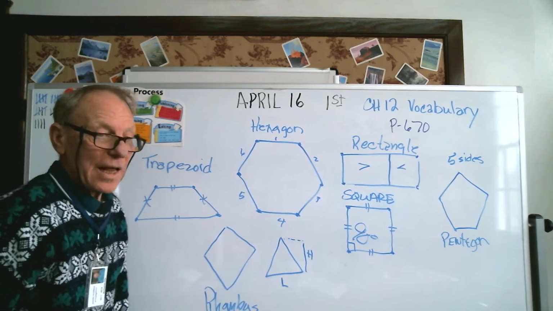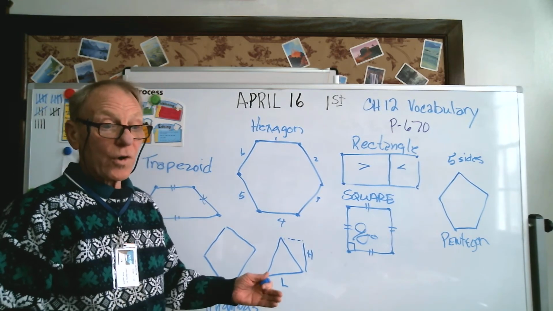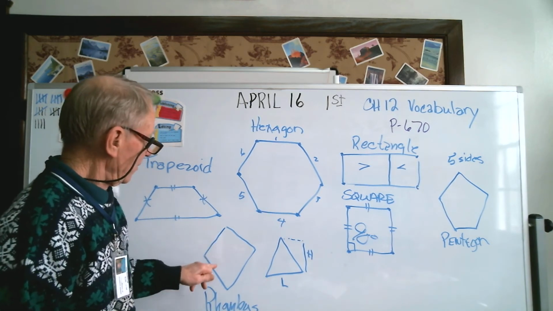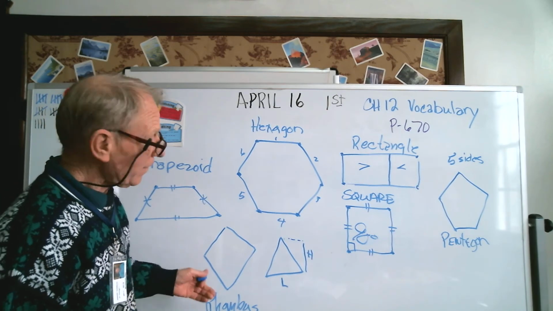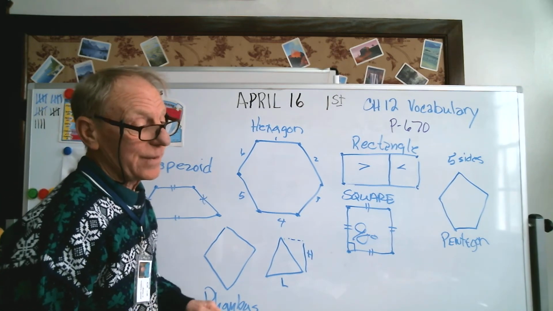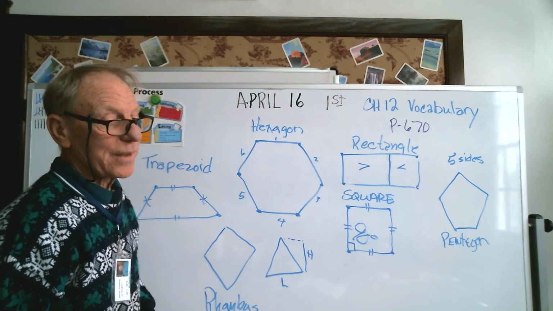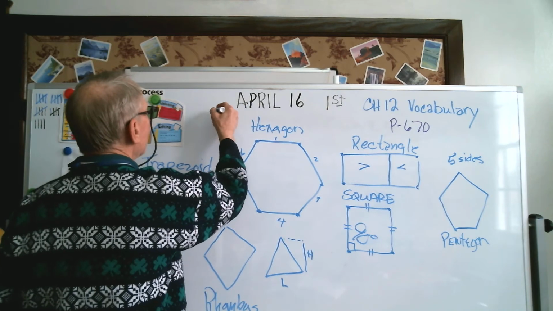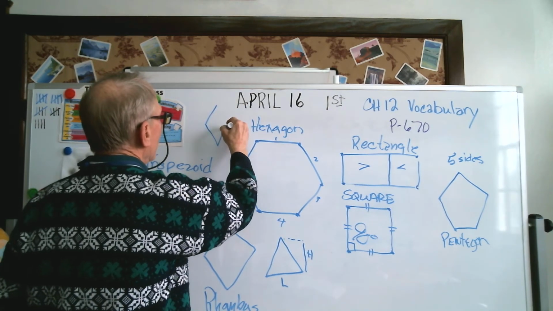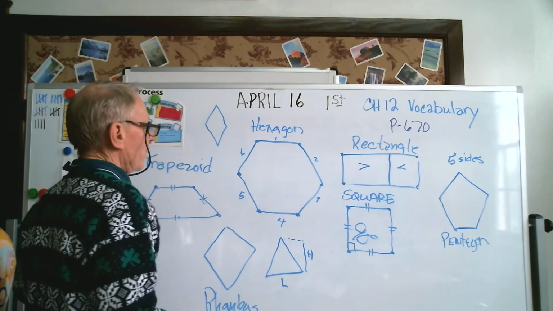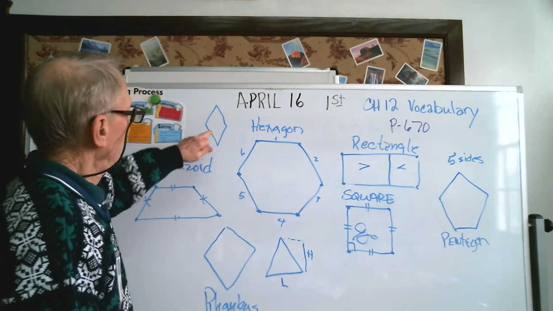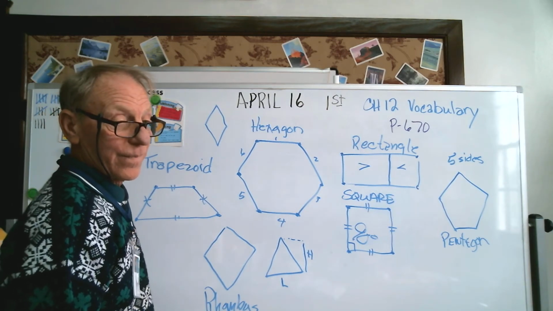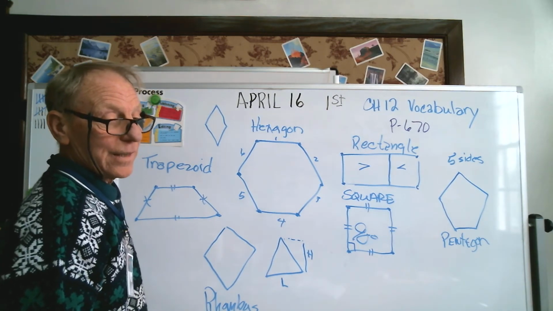A rhombus is like a square that's turned cockeyed. The angles in this particular case are not 90 degrees. That is how you determine that it's a rhombus. You can also have a shape like that, where the sides are longer, and that's called a diamond.